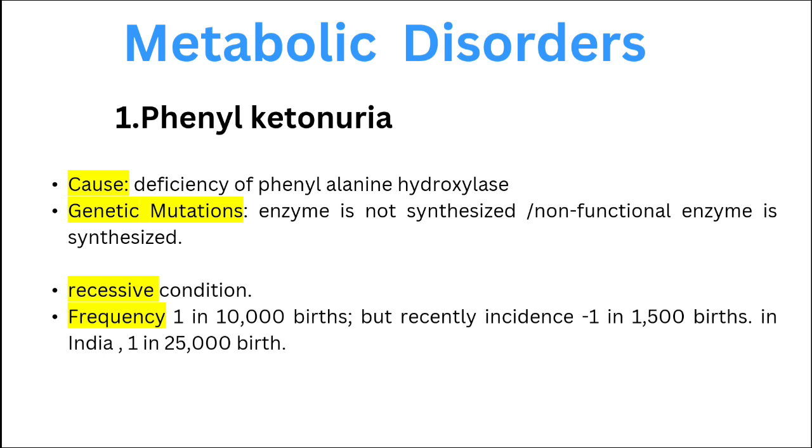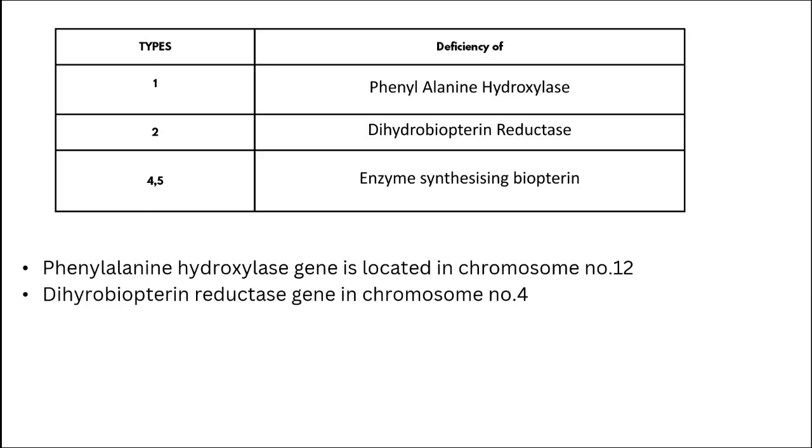Phenylketonuria. It is caused by phenylalanine hydroxylase deficiency, and the genetic mutation causes the enzyme to be not synthesized or to be non-functional. It is autosomal recessive. All the cases here are autosomal recessive. Frequency is 1 in 10,000 births. We see that it is of type 1, 2 and 4 and 5.